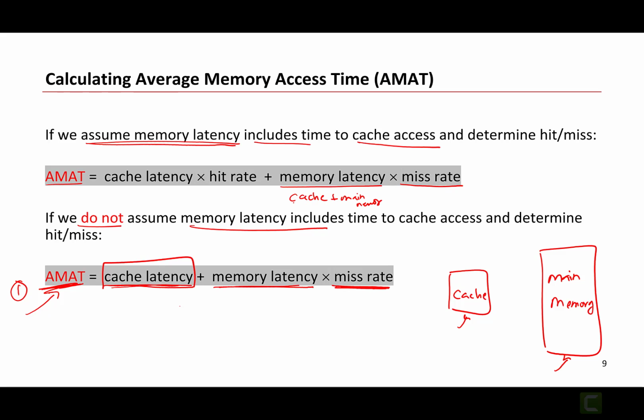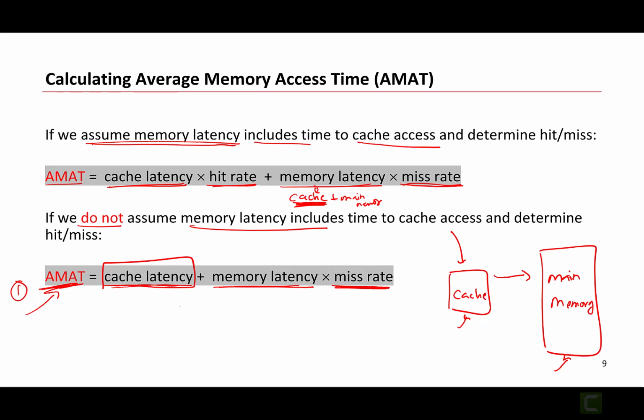So it already includes the cache access latency, and therefore you don't need to double count it, and that's why it's important to attribute the cache only latency to the fraction of accesses that are cache hits. So the fraction of accesses that are cache hits would endure cache latency. The fraction of accesses that are misses would endure the memory latency, which includes the cache latency, and that is consistent with our view that every memory access first checks the cache and then goes to the main memory.